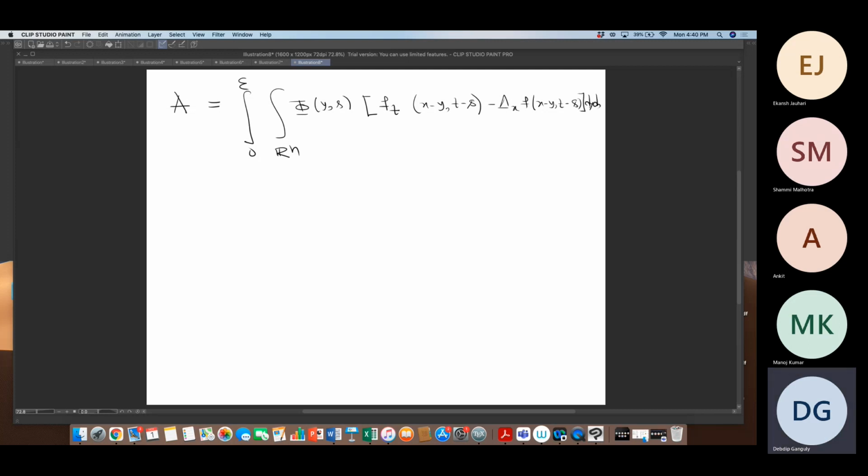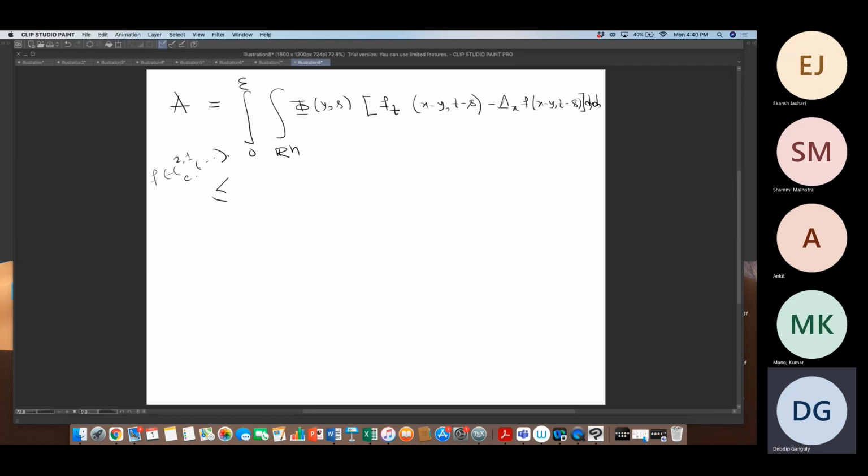Okay, what will I do now? This is less than or equal to something. Just remember, f is given to be C^{2,1} with a compact support. In the space variable it is C2, and in the time variable it is C1, with a compact support.